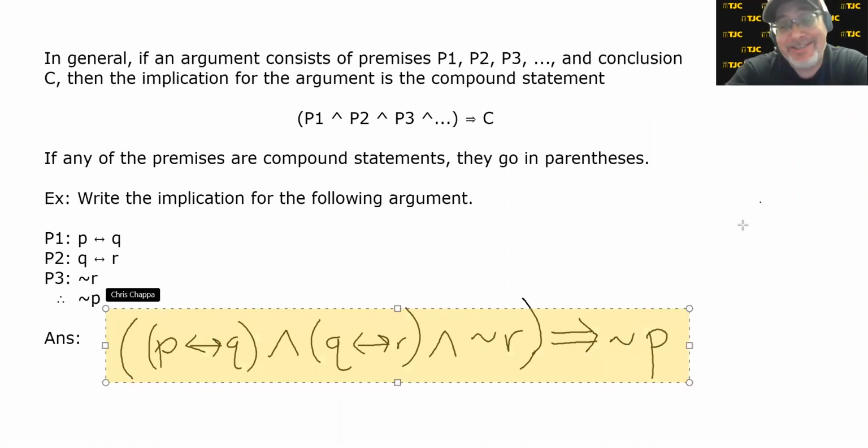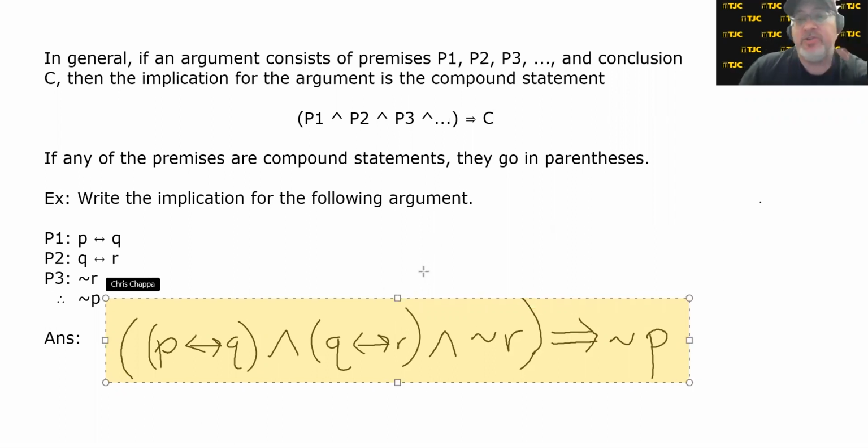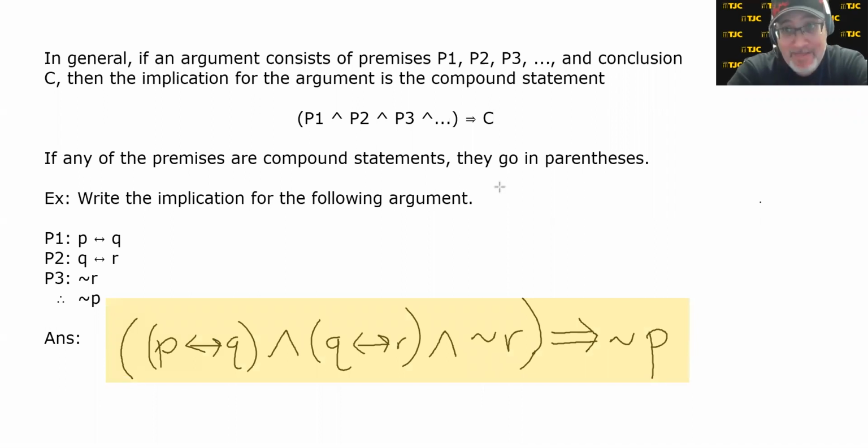Or more specifically, is this always a true statement? Meaning, must the conclusion always follow when all the premises are true? So if we could find a way to determine if that implication is always true, then we would know whether or not the conclusion necessarily follows from the premises. Well, two things. Number one, we have a name for something that's always true. And number two, we have a way for determining if this is one of those things.